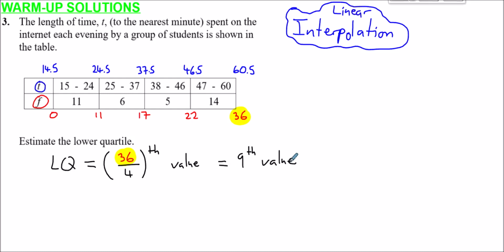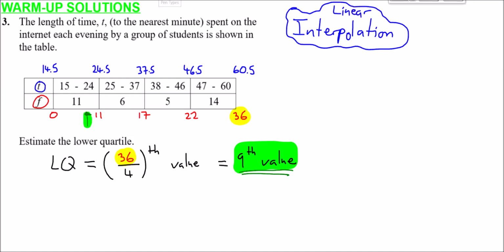So where might that lie? We want the ninth value. So it's going to be in between 0 and 11. We don't know exactly where, we can only estimate this. So the ninth value is going to be somewhere here.